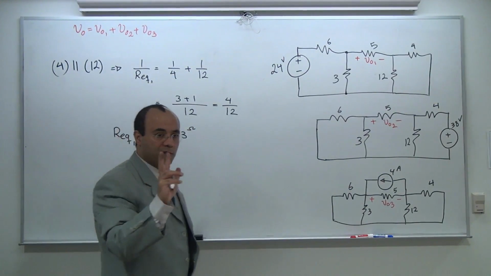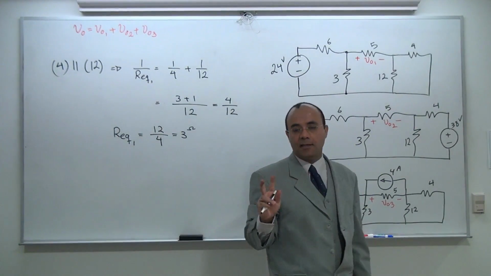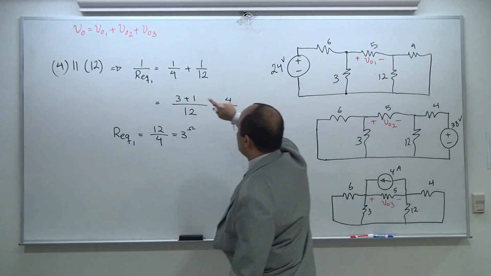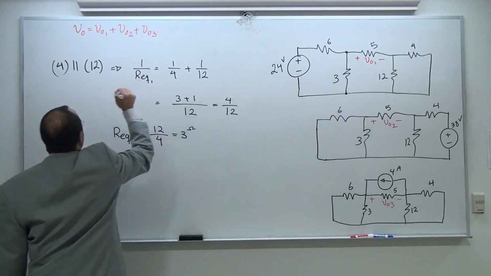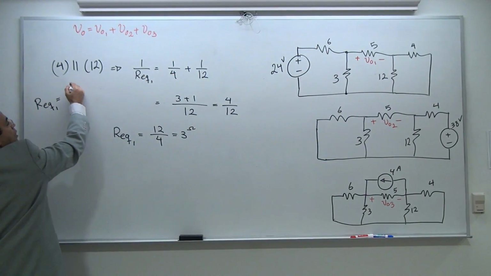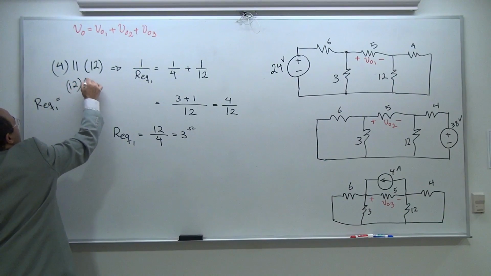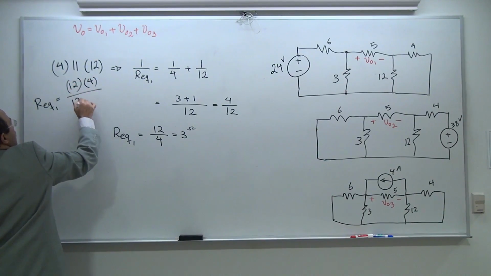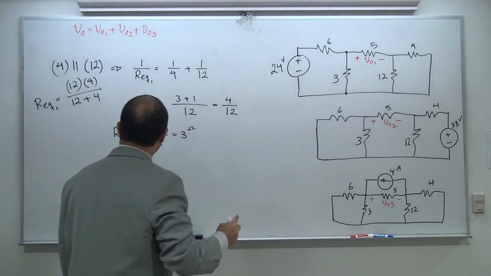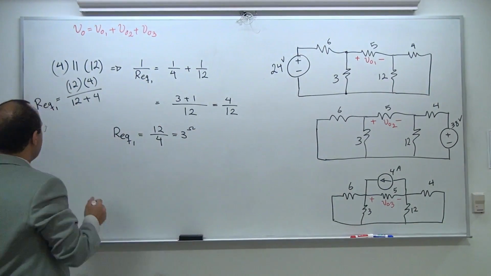Only for two resistors, and please keep this in mind, make a red line underneath. Only for two resistors, this relationship can easily be shown to be equal to the multiplication of 12 and 4 divided by 12 plus 4. Only for two resistors, you can multiply and divide by the summation.